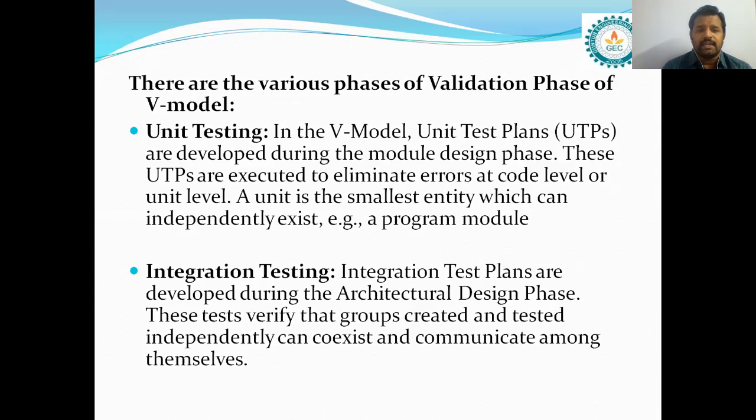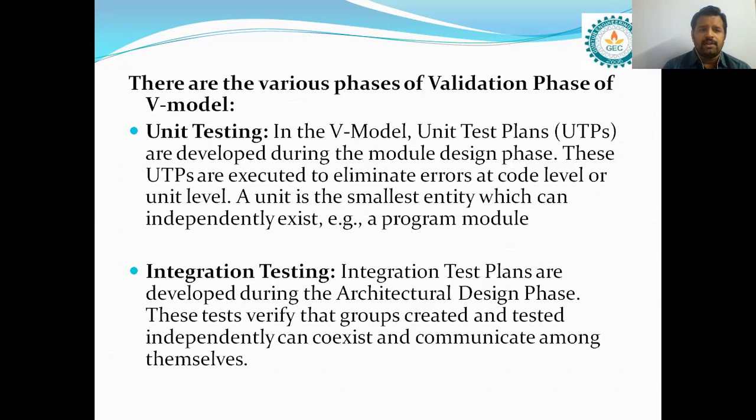Already we discussed that both the developing and the testing are done parallelly. That's why we call it the V model. At the time of developing itself, the test plans are also developed.